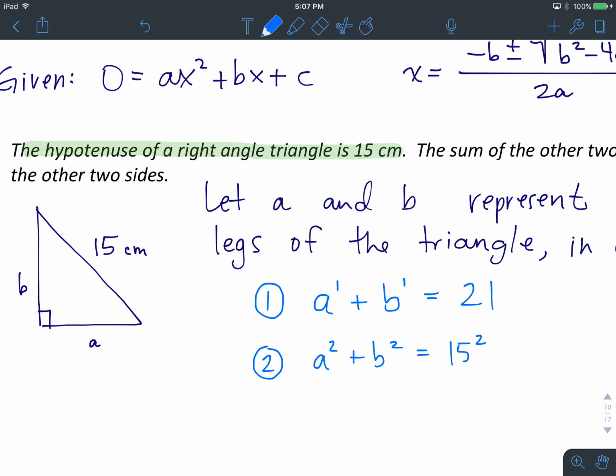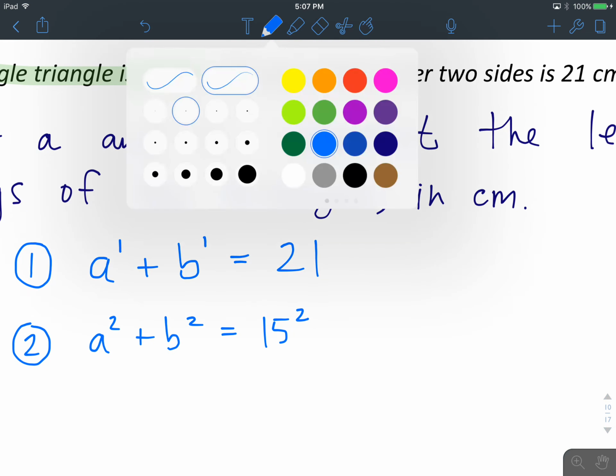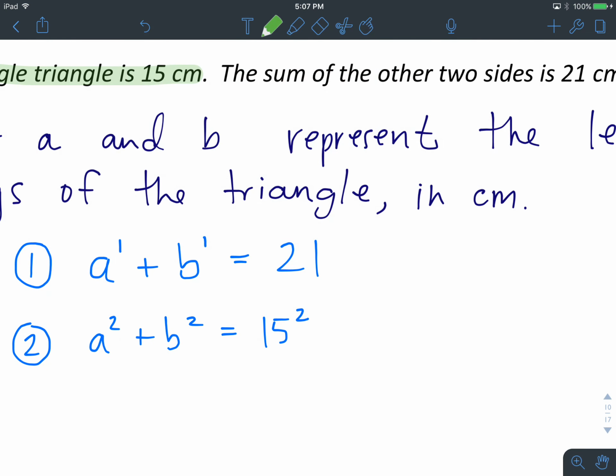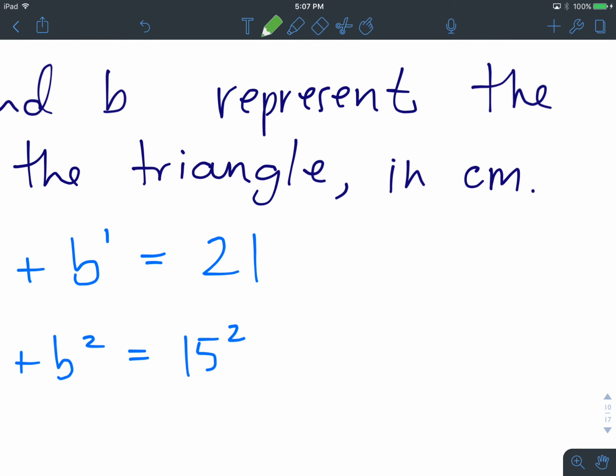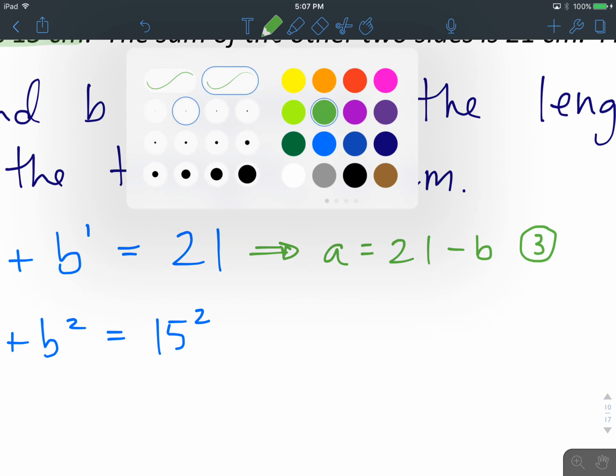I'm going to make a little reorganization here of the first equation so that we can substitute it in. So we have a plus b equals 21. Let's manipulate that a little bit. Let's get a equal to 21 minus b. We're going to call this equation number 3. And I want to make a little note here for us.